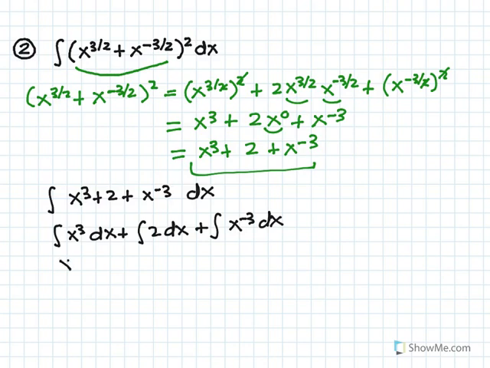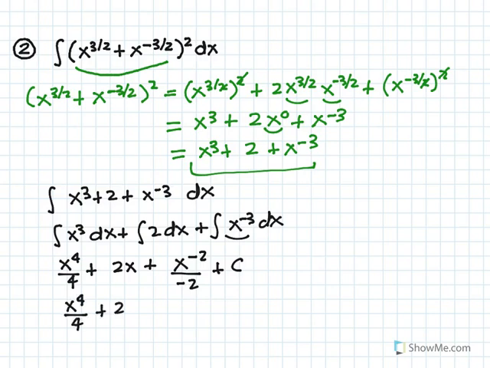And this gives us x to the 4th over 4 plus 2x plus, reversing the power rule, add 1 to the exponent, we get minus 2, divided by minus 2, plus c. Let's simplify a bit more: x to the 4th over 4 plus 2x minus 1 over 2x squared plus c.